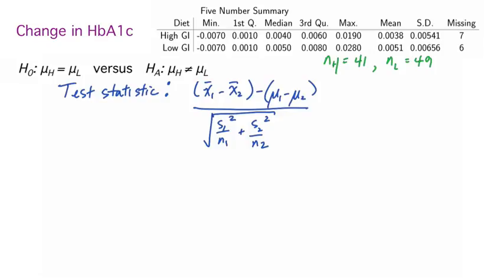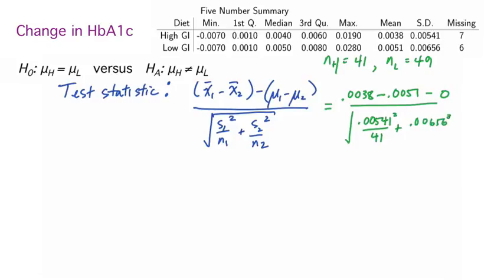So plugging in the mean of the high GI group, 0.0038, and the mean of the low GI group, 0.0051, the difference in the means is 0 since we're assuming that they're equal, and dividing by the square root of the variance of the high GI group divided by its sample size plus the variance of the low GI group divided by its sample size, and we get the value of the test statistic, which is about -1. There's lots of round-off error here, so I won't bother giving it more precisely.